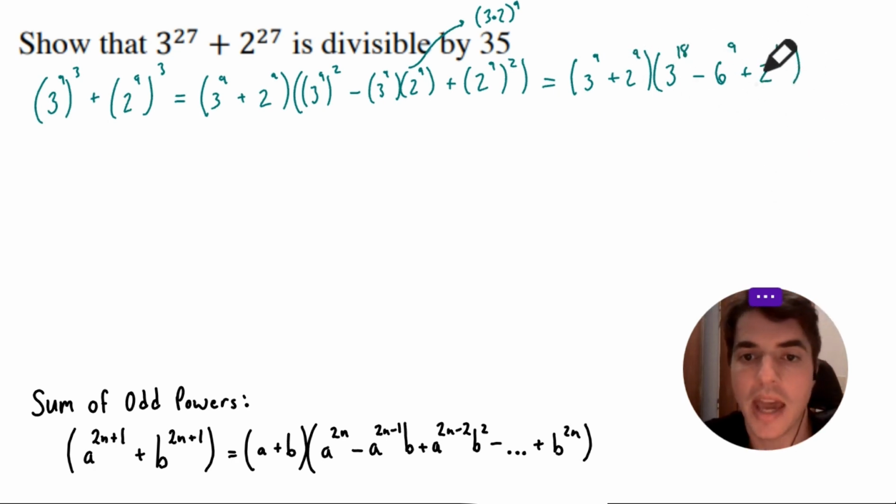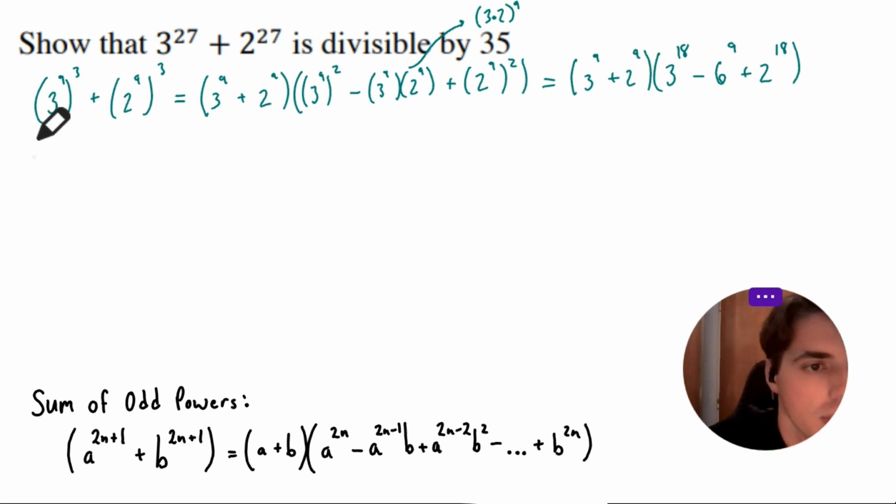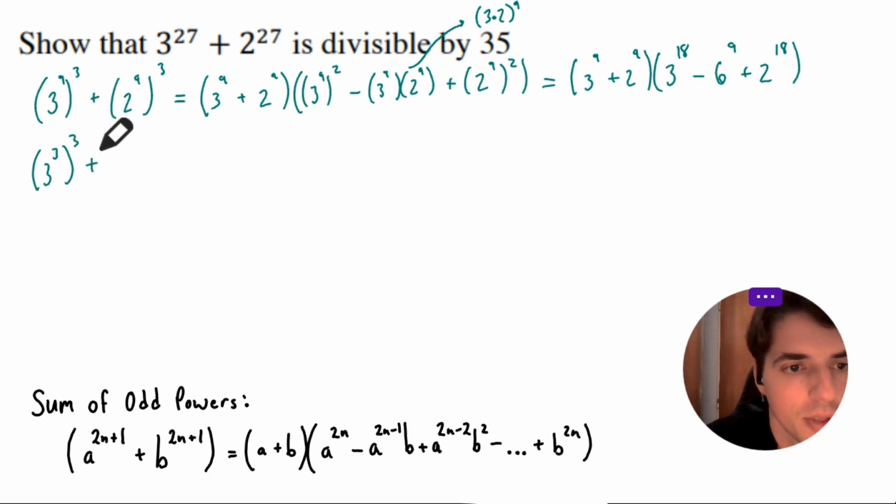Great. So now we've got this. We're just going to continue factoring here with 3 to the ninth plus 2 to the ninth, which is 3 to the third plus 2 to the third, to the third.